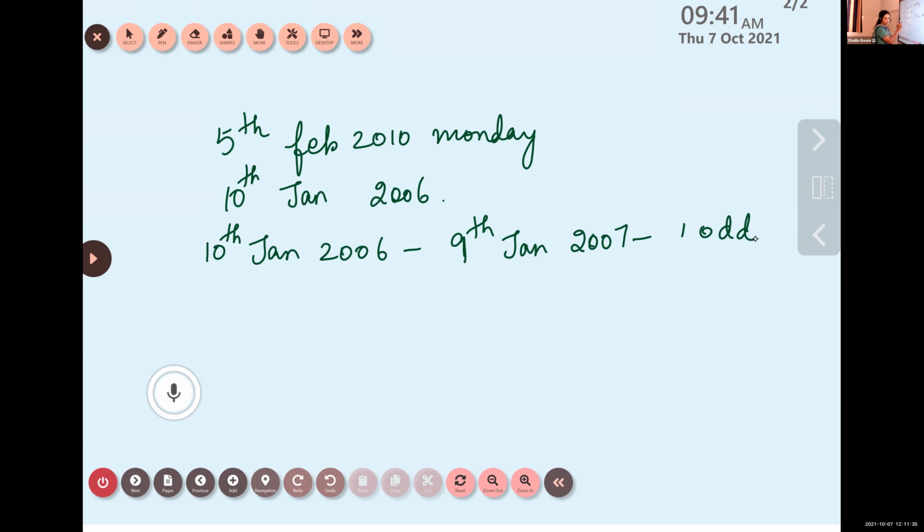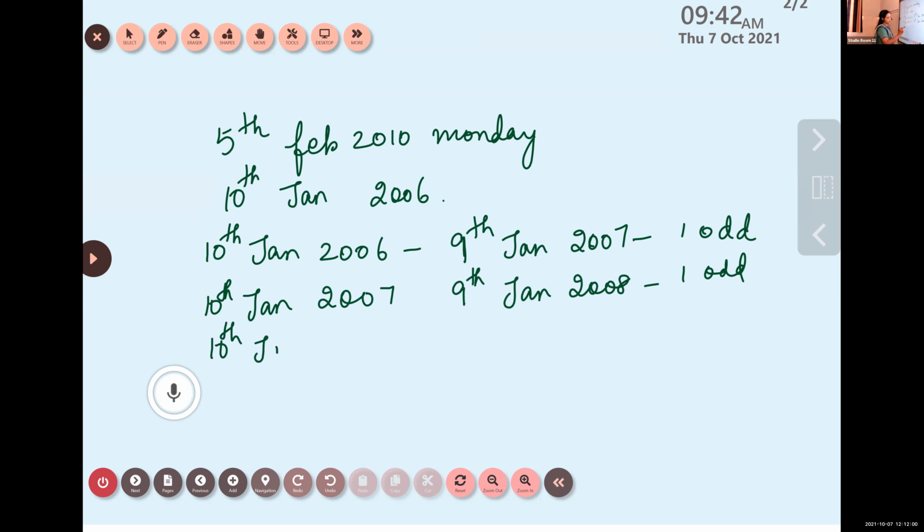Then from 10th January 2007 to 9th January 2008. Now check whether 2007 is a leap year. No, so we will get only one odd day. Now consider the next one, 10th January 2008 to 9th January 2009. 2008, is it a leap year or not?